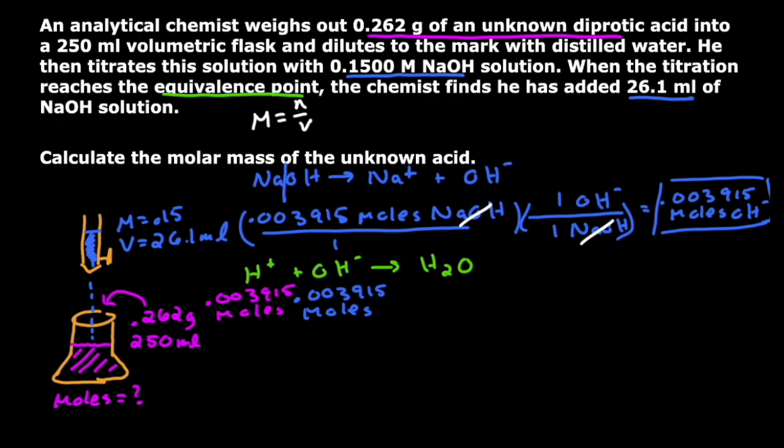And so now I'm going to do my third reaction, and for the third reaction, it's an unknown diprotic acid, and diprotic means I've got 2 H pluses that are going to be made in solution.